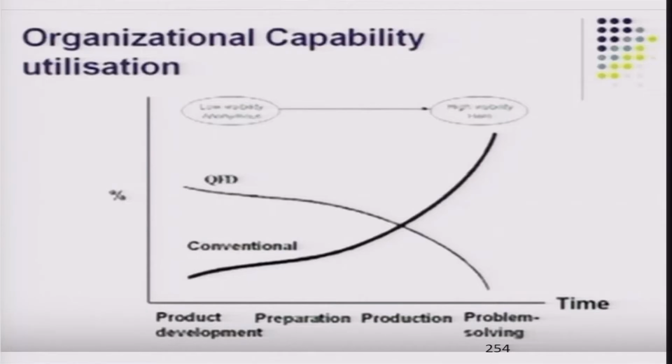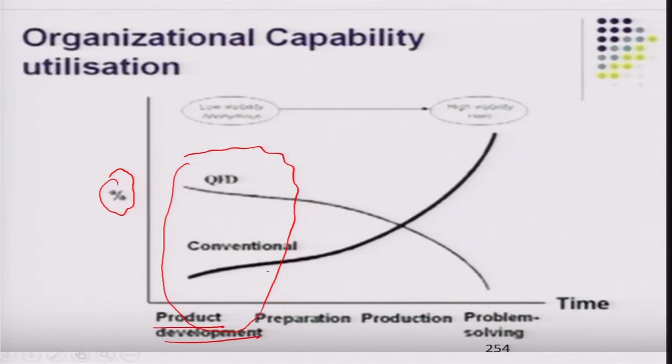So here is what gives you a sense of where you need to focus. The y-axis here shows capability percentage utilization, and you see that in organizations driven through QFD processes, there is a lot of emphasis, a lot of utilization of all your resources and capabilities towards the beginning at the product development stage, so that the subsequent amount of utilization reduces with time.